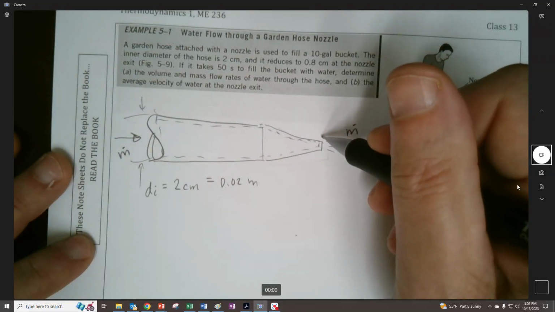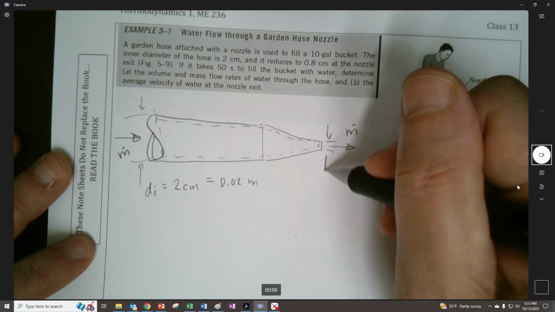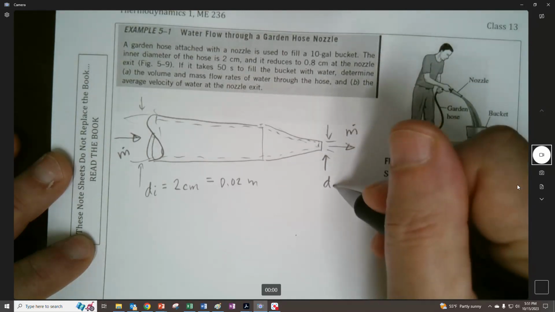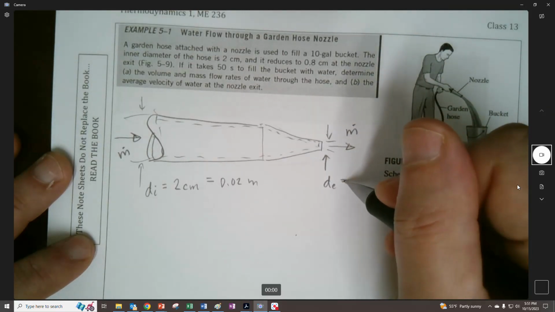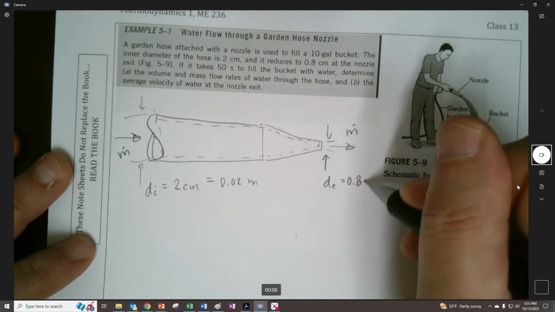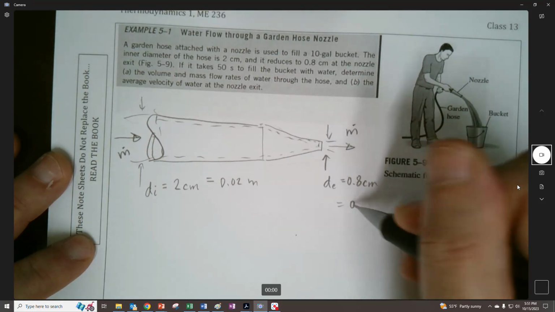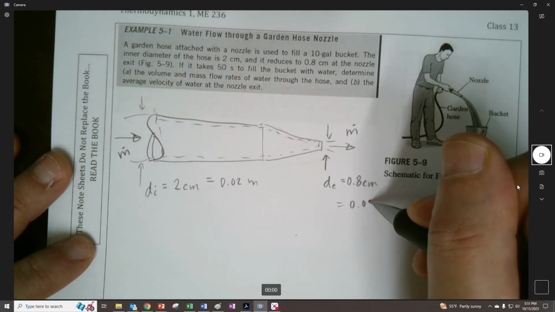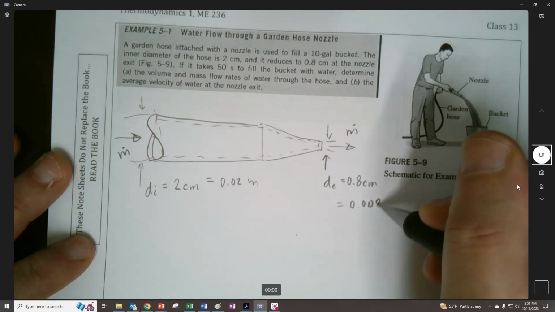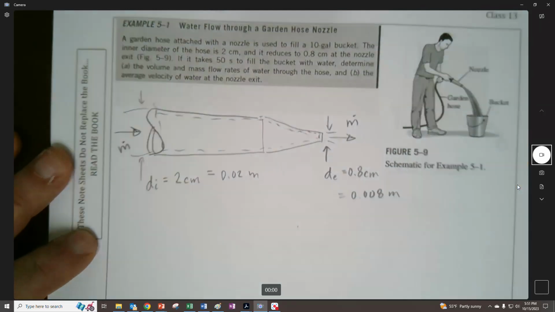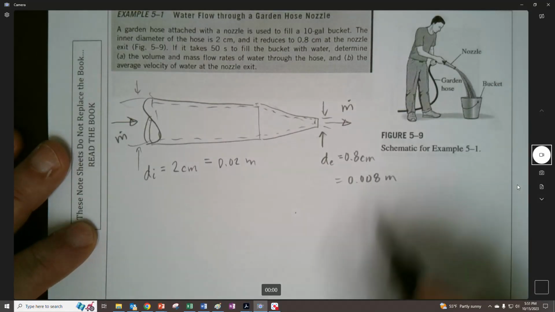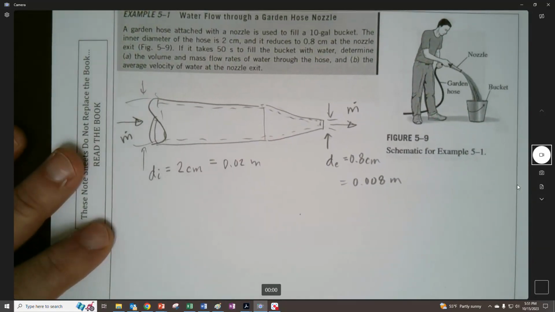And the exit diameter is 0.8 centimeters, or just 8 millimeters. Centimeters just confuse me. I don't know why. It's always bothered me.